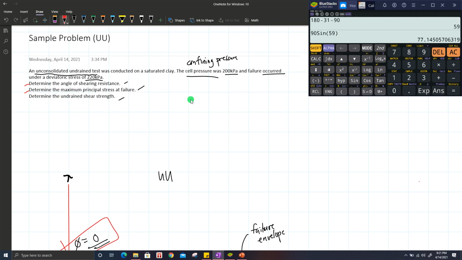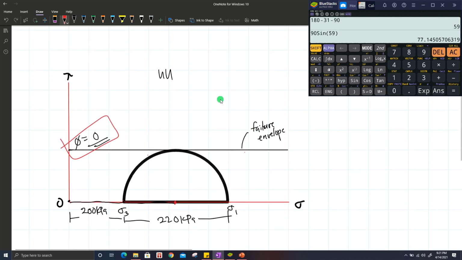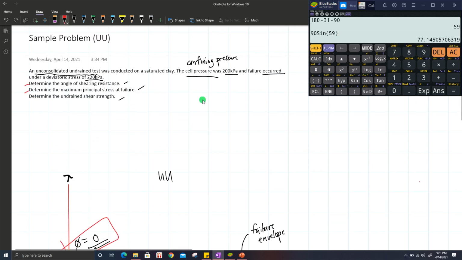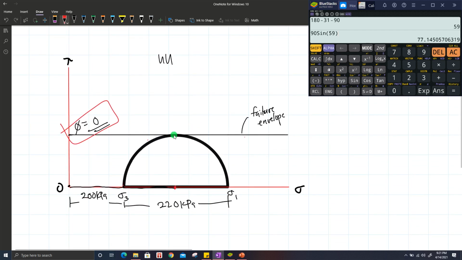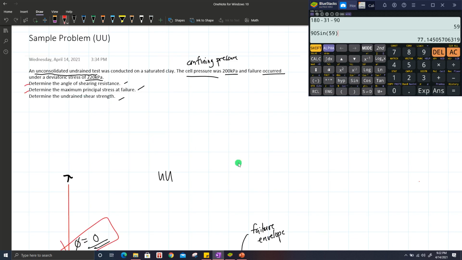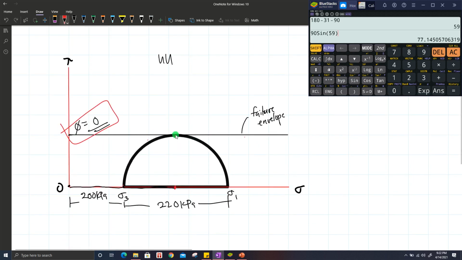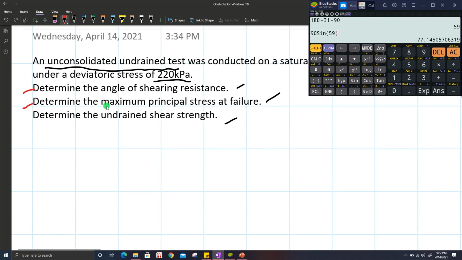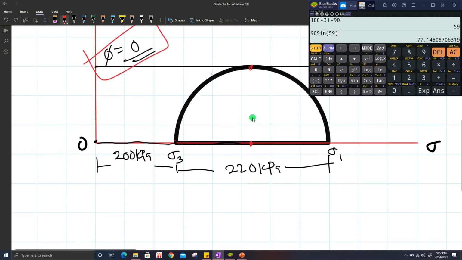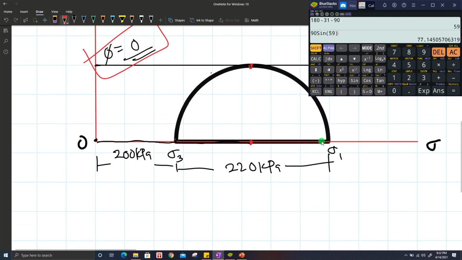Next, maximum principal stress at failure. So, ang ating point of failure natin ay nandito. But yung tanong ay maximum principal stress o yung maximum normal stress. So, ang maximum normal stress natin ay ang location niyan ay nandito.